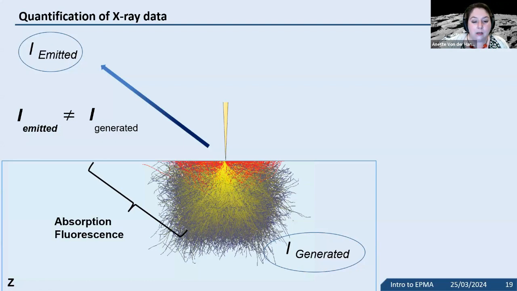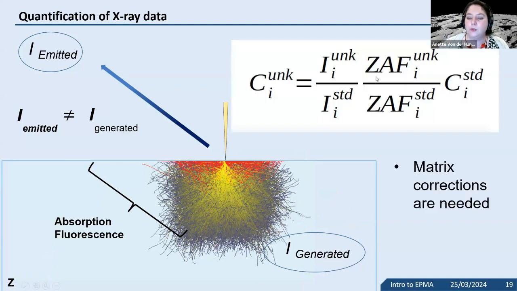And so again, in the third talk, I will talk a little bit more about this, but in general, we have three main processes happening during X-ray generation and emission. The first is the mean atomic number that controls essentially how deep our beam electrons penetrate. So this is the Z in ZAF corrections. So this is more about the X-ray generation.